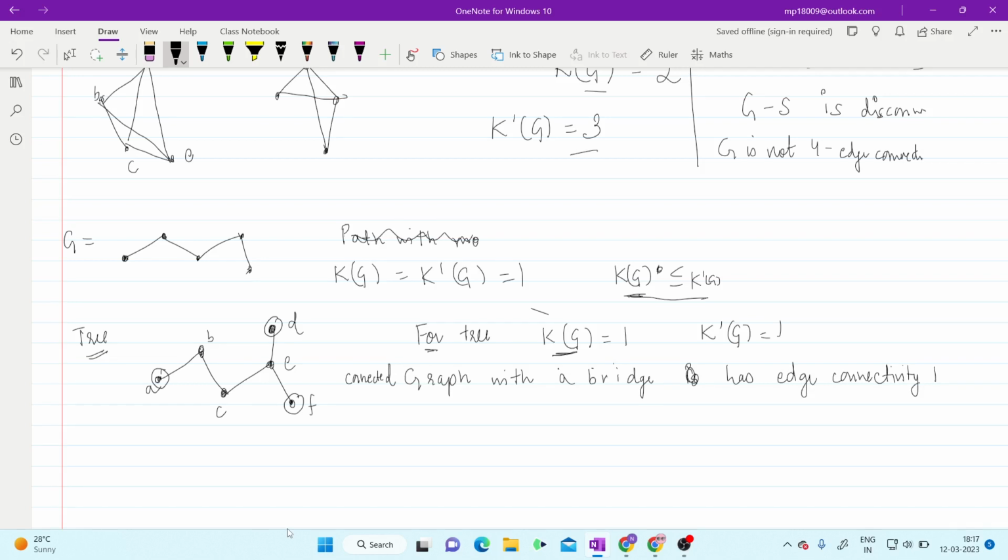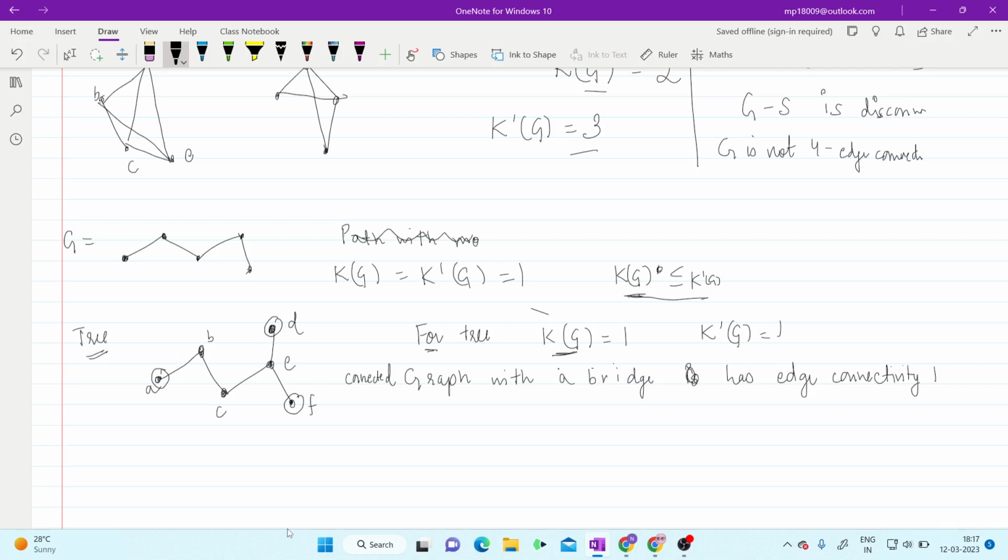There is no cycle in the tree, so it is obviously not two edge connected. It is obviously one edge connected and one vertex connected graph. Yes, you can give that argument also.